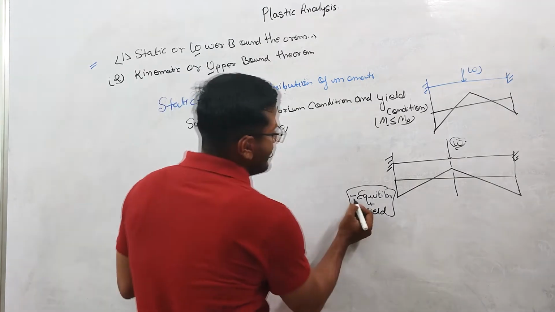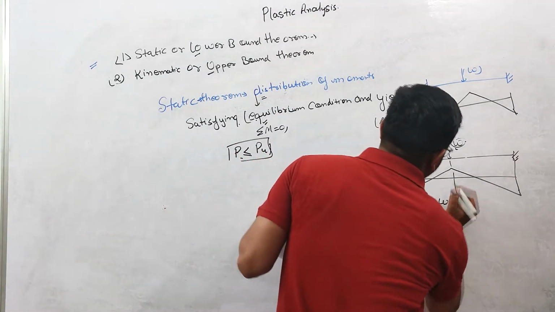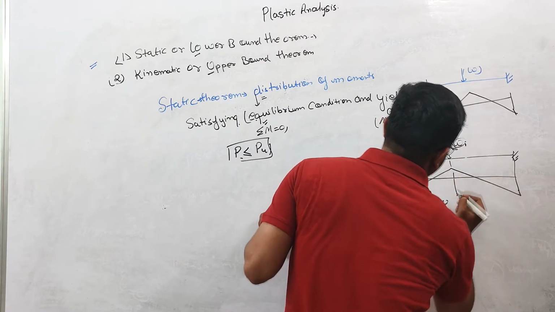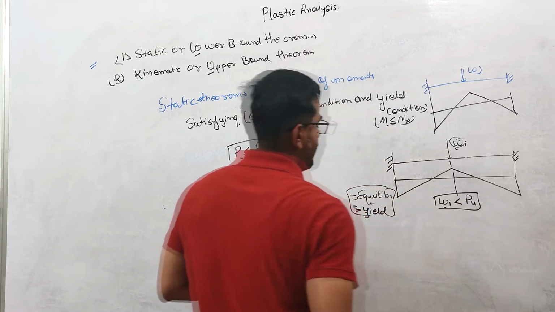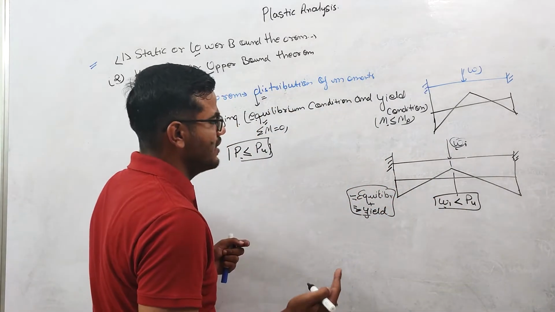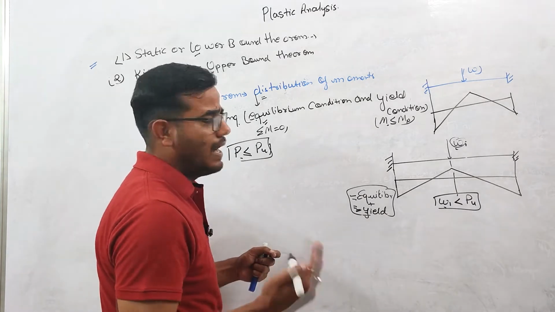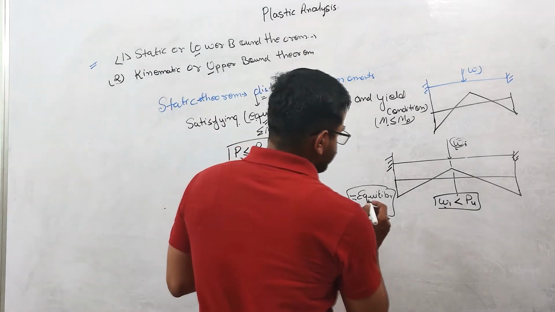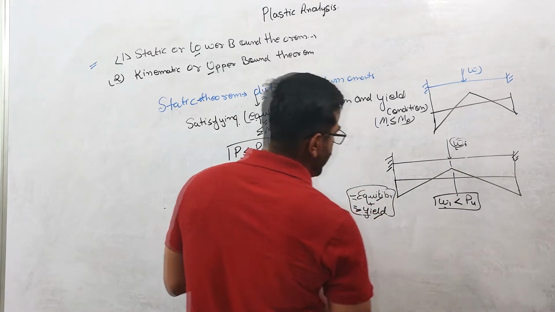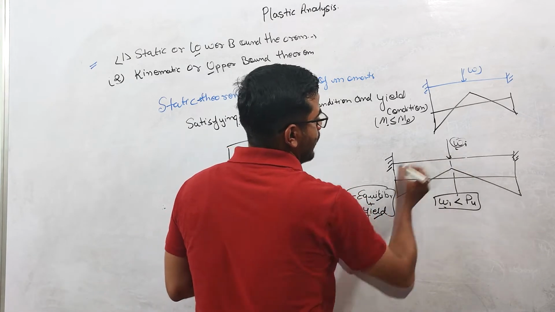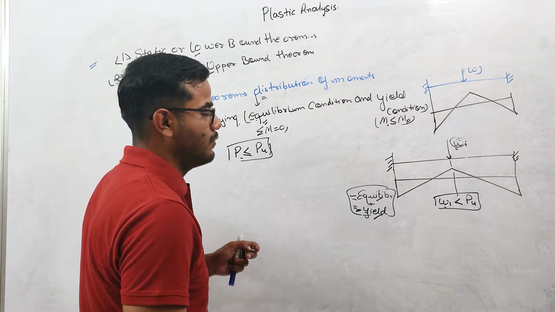Let us call this load W1. It will be less than the collapse load, because equilibrium and yield conditions alone will not tell us whether the structure has collapsed or not. So this W1 is less than the true collapse load.